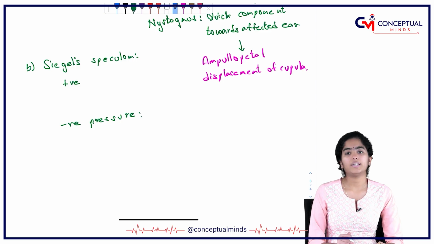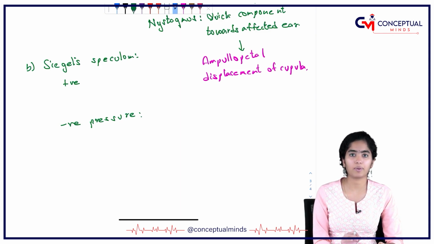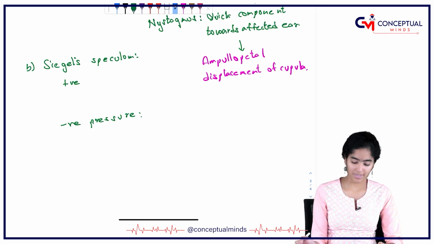This will also induce vertigo and nystagmus, but now the quick component of nystagmus is directed to the opposite side, that is to the healthy side. And what do we call this? Ampulofugal displacement of cupula, away, opposite side.